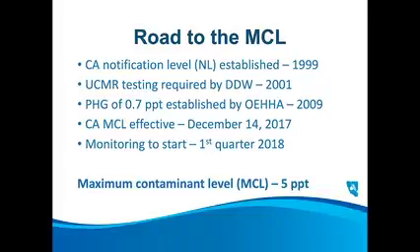So we now have an established MCL at 5 ppt, which is very low. It's right at the detection limit of our analytical capabilities. And so, like I said, it's been kind of a long road, but we now are at the place where we need to comply with this MCL.